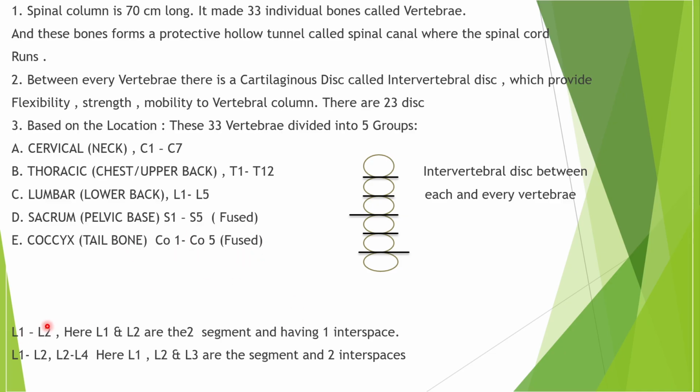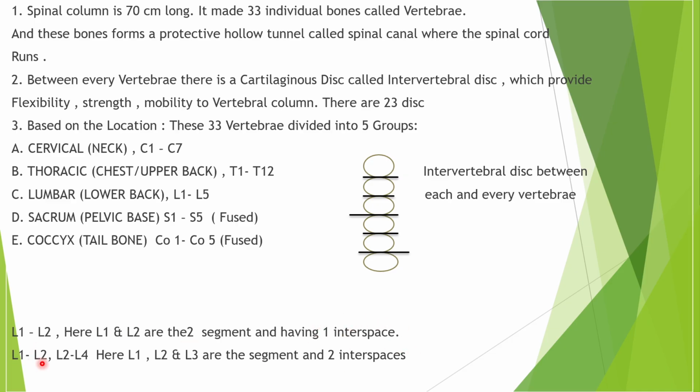So one most important thing: for example, if I say lumbar 1 to lumbar 2, here L1 and L2 are the two segments, but there is one interspace. Between two vertebrae, there is one interspace.